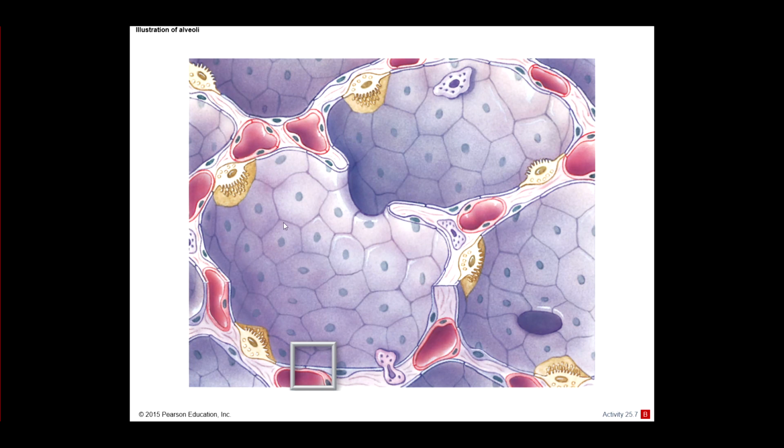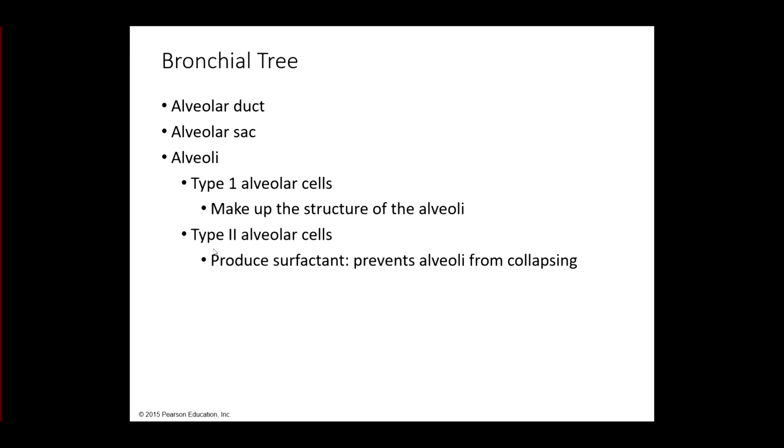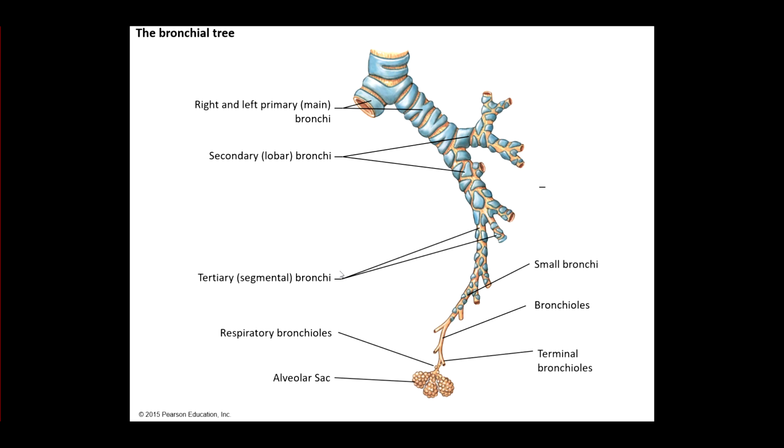Otherwise, we wouldn't be able to reinflate the lungs. So these are known as the type 2 alveolar cells. These used to be called type 2 pneumocytes. And again, I want you to know they produce this chemical called surfactant that prevents the alveoli from collapsing.